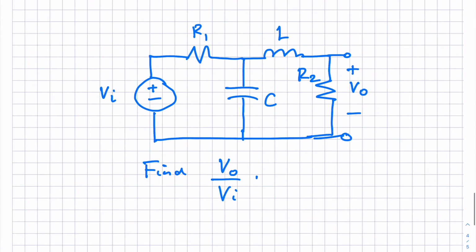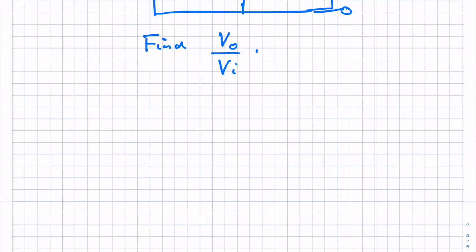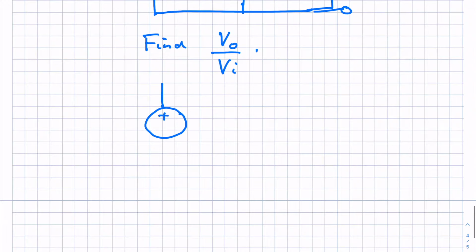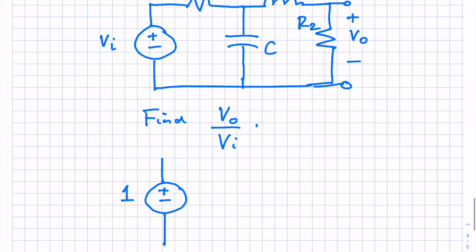The first thing we do is take this circuit into the Laplace domain. I'm going to apply an impulse function for the input, so the voltage source is now the Laplace transform of delta t, which is 1. Resistors in the Laplace domain are the same as they are in the time domain, so R1.